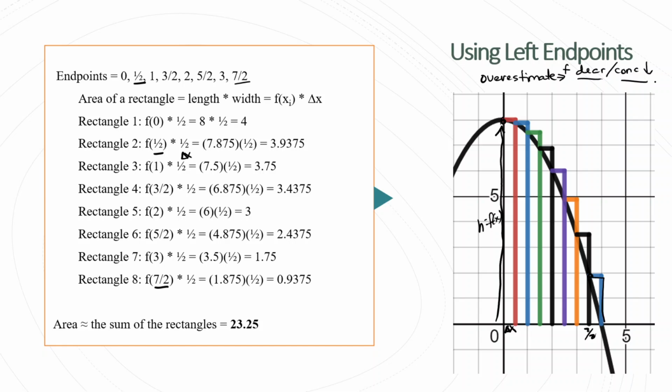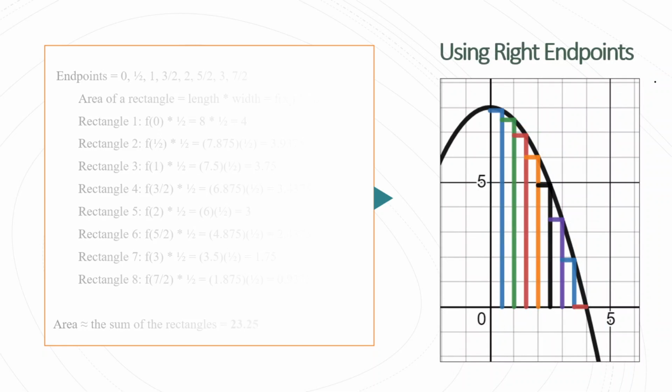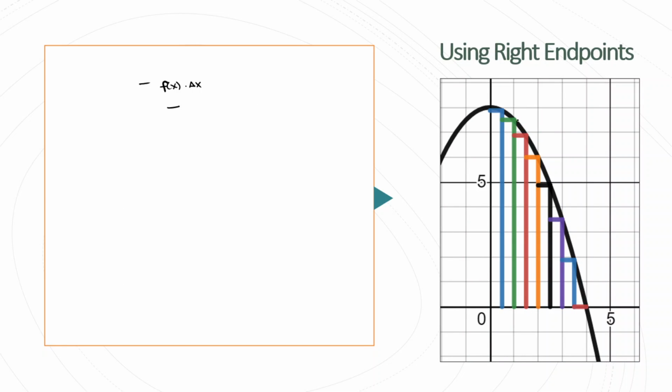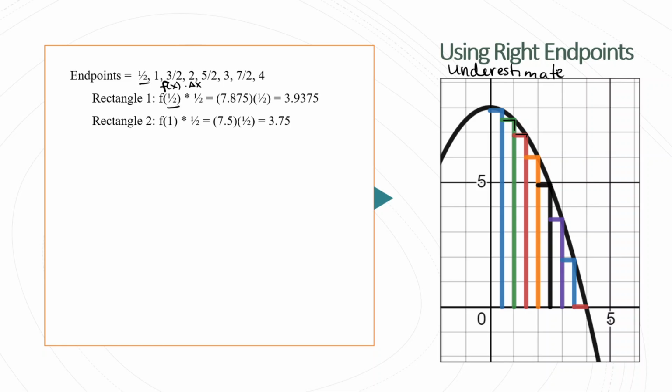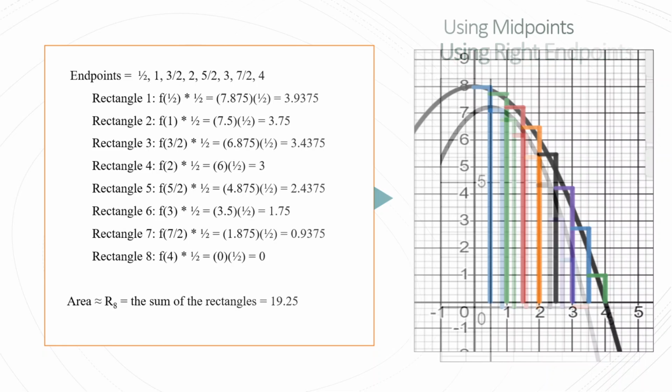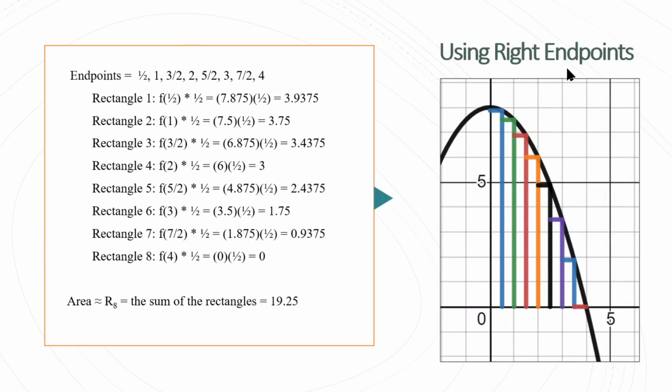Okay? In the right endpoints example, we notice that they're all a little too small. So this is an underestimate. And the reason for that is because it is, again, decreasing and concave down.